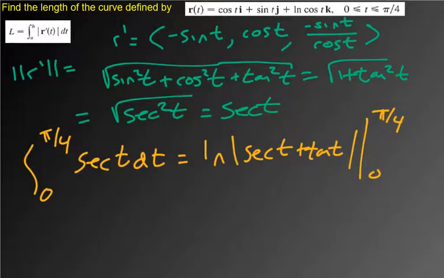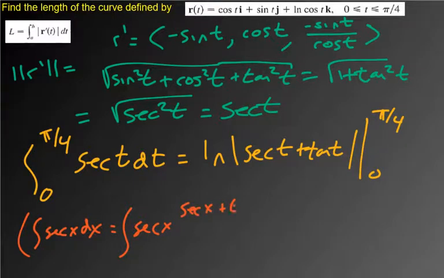If you've never seen why, I'm not going to go through it a ton right now, but I'll give you the idea. Basically, if you do the integral of secant x dx, you do this trick where you write secant x times secant x plus tangent x over secant x plus tangent x dx.